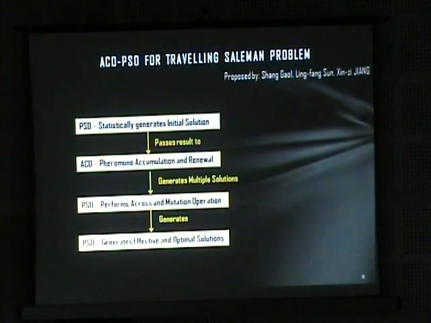PSO stands for particle swarm optimization, wherein the PSO was generating the initial solution for ant colony optimization. Then ACO was using a positive feedback mechanism for the renewal of the solutions. It was again passed back to PSO to perform the crossover and mutation operator, and the result was finally generated by PSO. So again a mix of these algorithms.